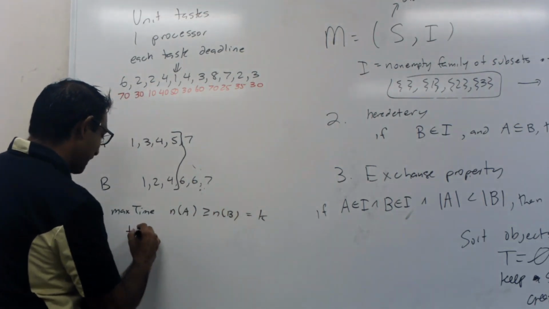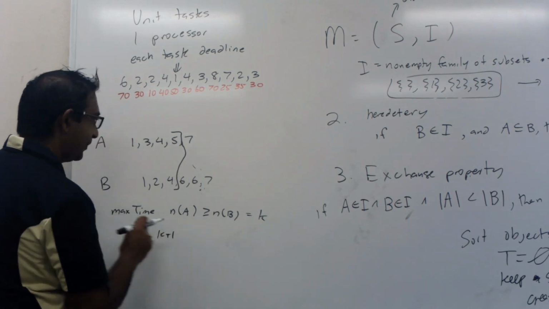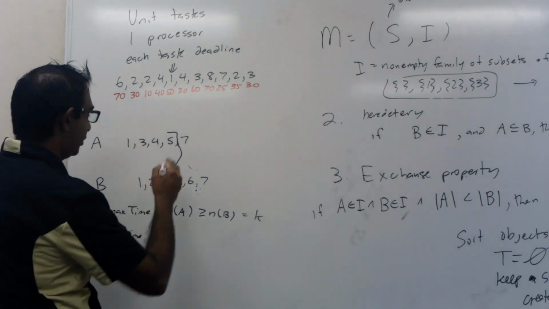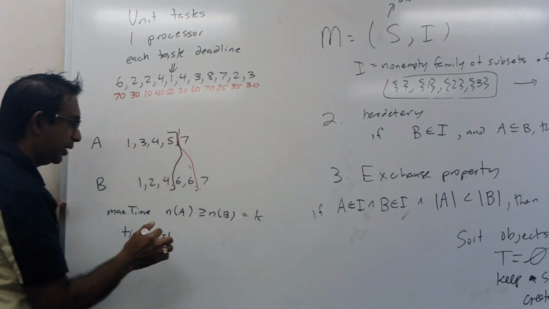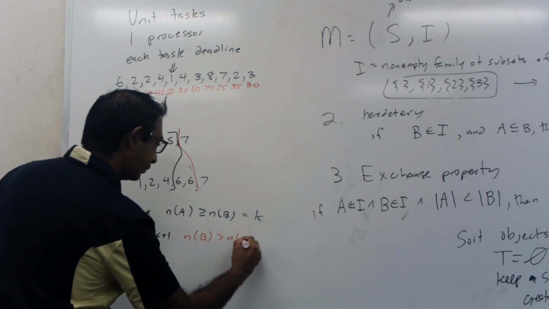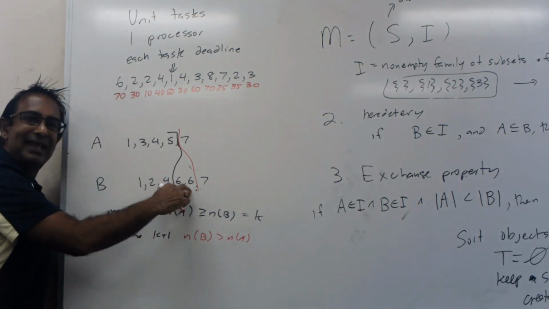So we know that at time K plus 1, what's going to happen? At time K plus 1, NB is strictly greater than NA, right? So that's like the exact time.